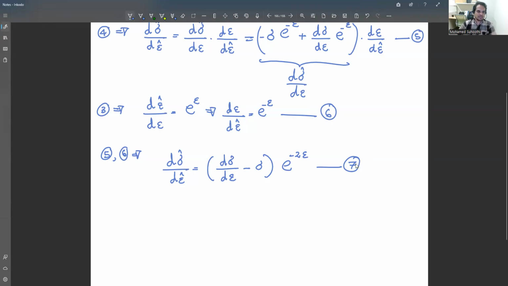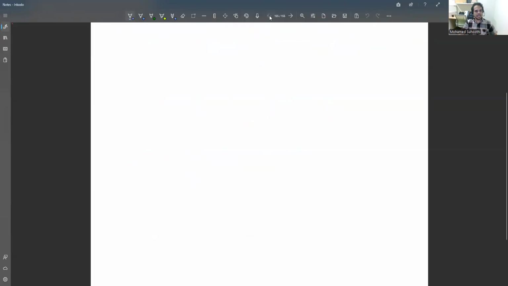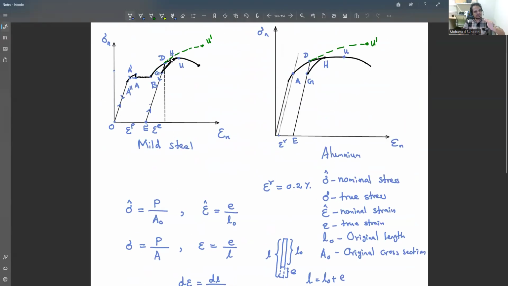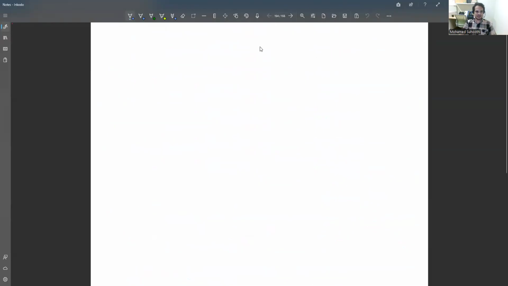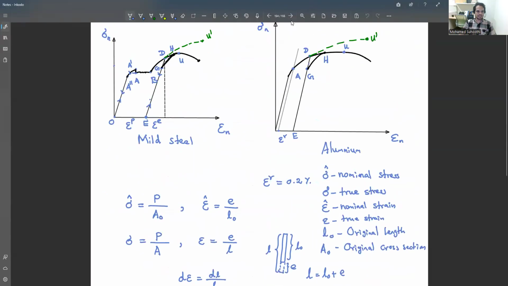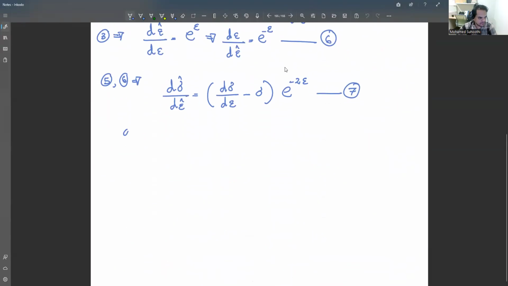In the nominal stress-strain diagram, you remember the slope is positive in most cases. Where the slope becomes zero, that is the ultimate point. If this portion is zero, this portion is zero, because the exponential cannot be zero, and then d sigma over d epsilon equals this one.